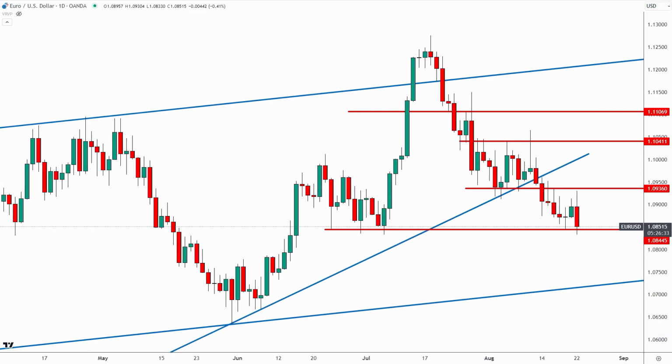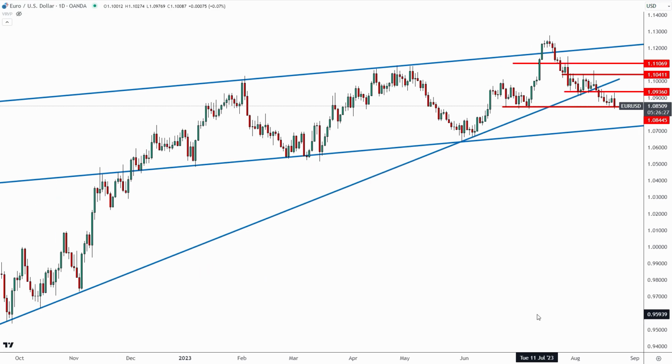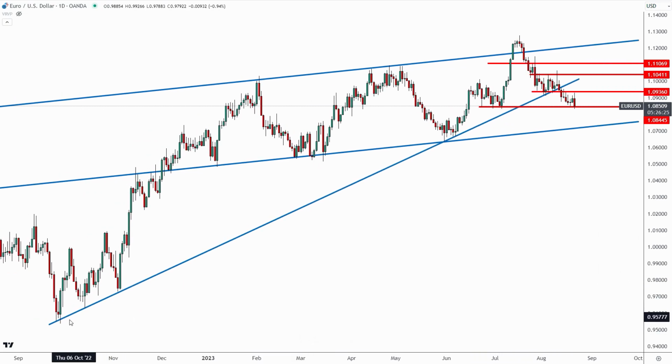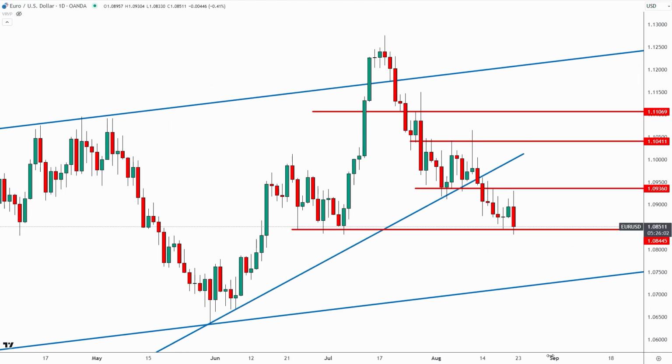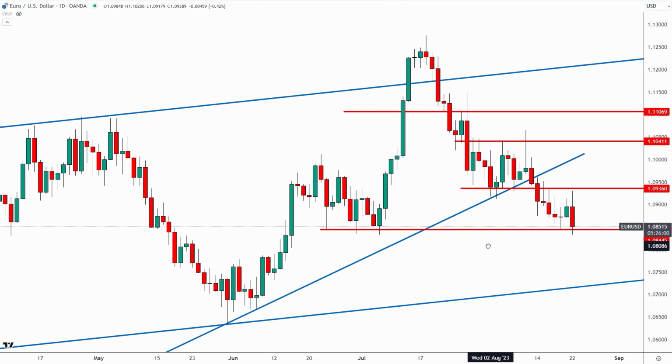So you can see this is the consolidation that I'm referring to right before that breakdown of this trend line, which, speaking of, you can see that going back here to the lows from September of last year, we've got these three lows down here, and we've also got this low and this one right before the breakdown. So you can see breakdown here, and so far we've seen a nice continuation of this trend. Now, will we see a retest of that trend line? It is possible. However, I don't think it's likely given where the DXY is trading, which we'll talk about next.